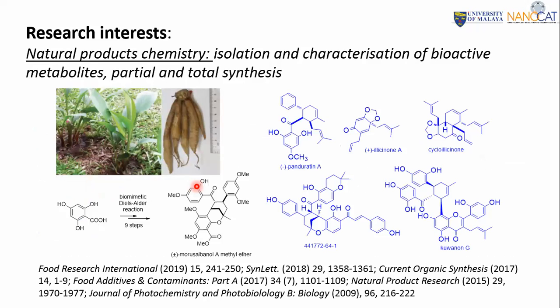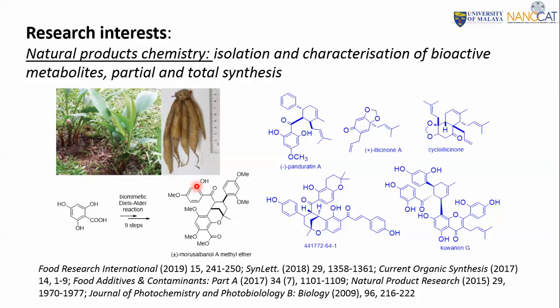We are also interested in natural product research. As you may know, Malaysia is one of the 12 mega biodiversity countries, and we have access to a diversity of flora and fauna with over 15,000 species of flowering plants, herbs, and medicinal plants. And natural products are a rich source of chemical entities for pharmaceutical lead and novel compound discovery.